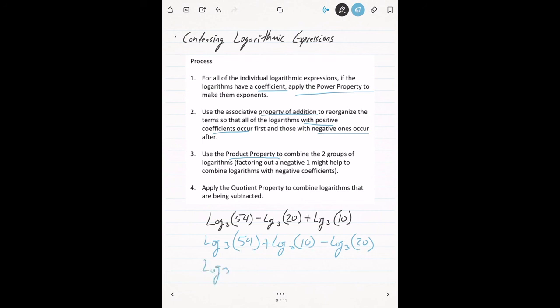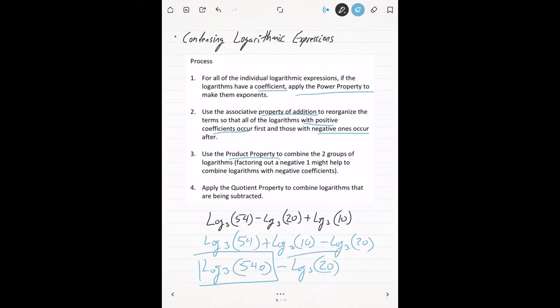So we would have log base 3 of 54 times 10, which is just 540, minus log base 3 of 20. What I'm doing here is I know that with this subtraction, I must have a numerator and a denominator to a fraction. So what I'm trying to do is first combine all of the numerator together, which I just did right here.